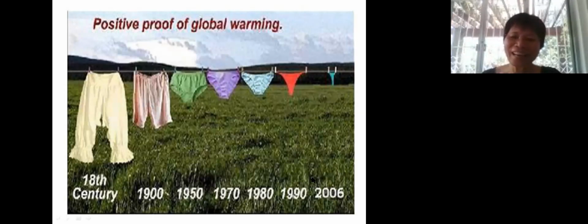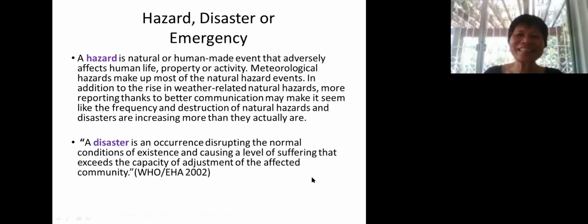The proof of global warming. Okay, why? Right. So that is an introduction. Now let us first distinguish between hazard and disaster. A hazard is a natural or human-made event that adversely affects human life, property, or activity. Meteorological hazards make up most of the natural hazard events.